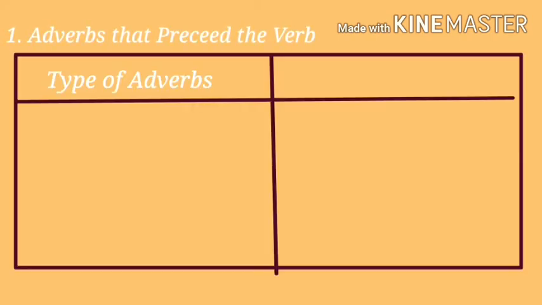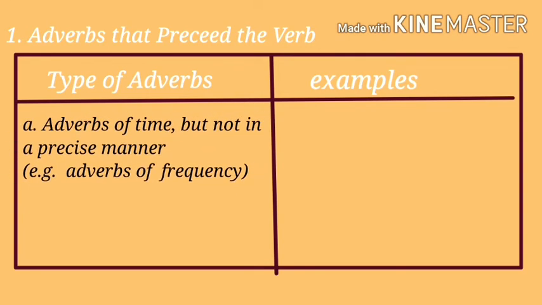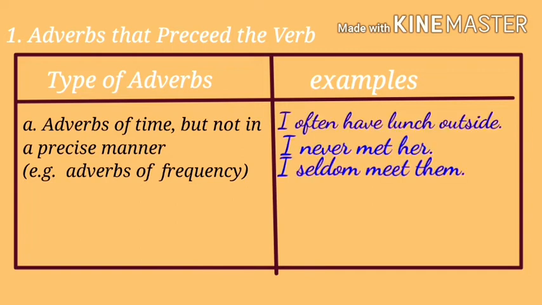Firstly, we will see the adverbs that precede the verb, like adverbs of time but not in a precise manner, like adverbs of frequency. Examples: I often have lunch outside. I never met her. I seldom meet them.